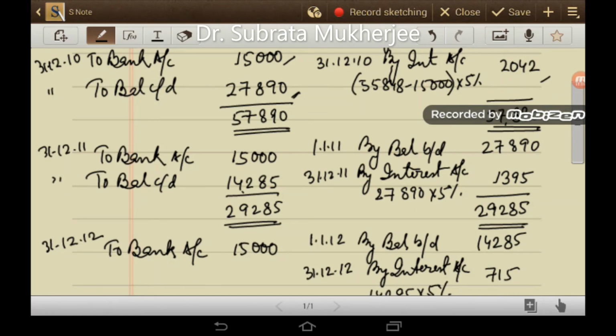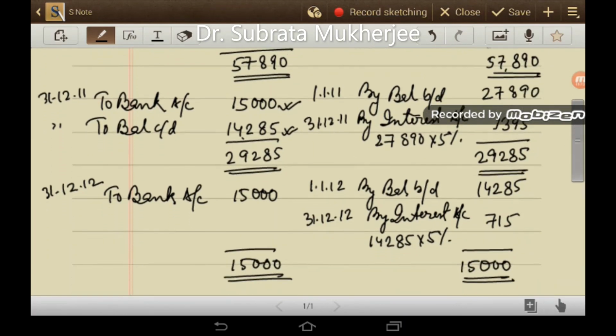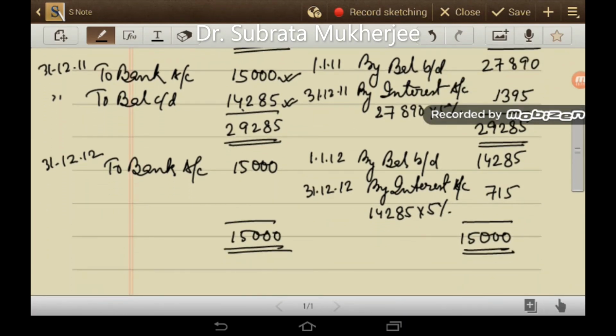Then at the end of the year, that is on 31st December 2011, the second installment of 15,000 is paid and to balance CD is 14,285. This is the outstanding amount of Y as on 31st December 2011. Now this amount is carried down on 1st January 2012 as 14,285, and then on 31st December 2012 interest is accrued for 715 at the rate of 5%, and the third installment is paid on 31st December 2012 as 15,000.